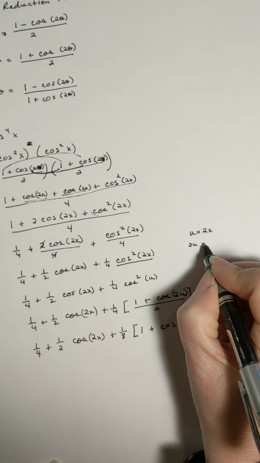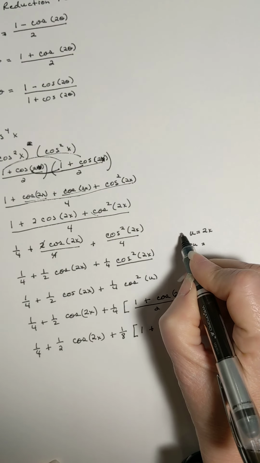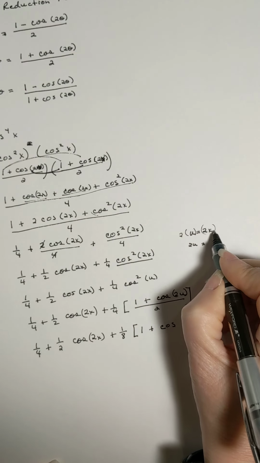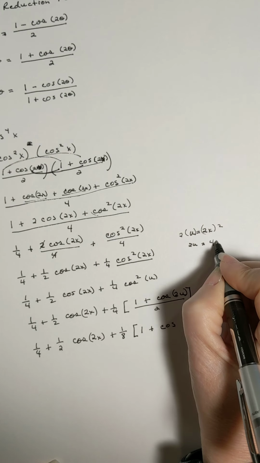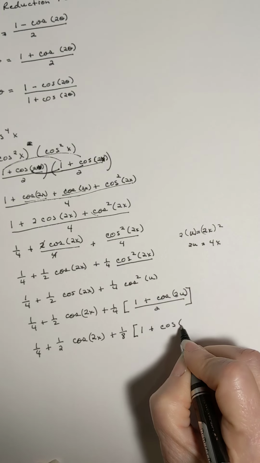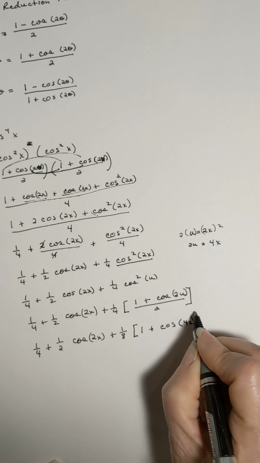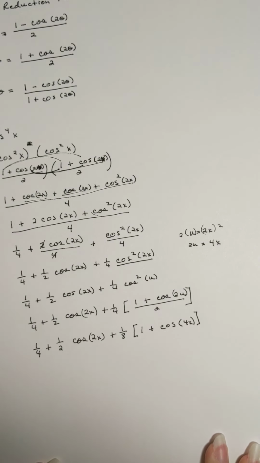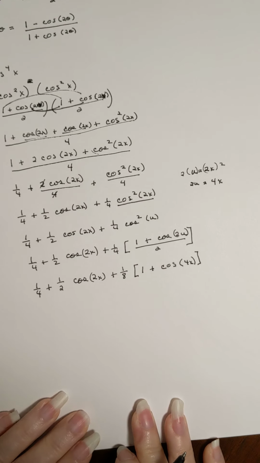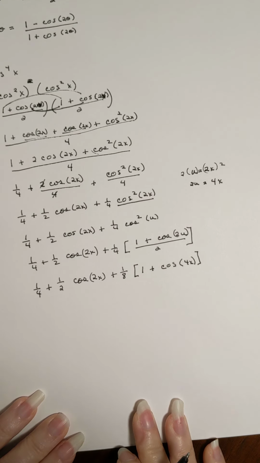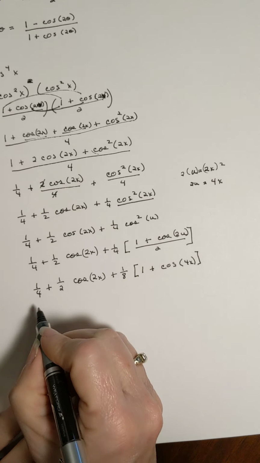So 2u would be equal to, if I multiply both sides of the equation by 2, 4x. So this would be 4x. Now, if you do not like to use a substitution, you don't have to. I just like to do it because I think it simplifies things when you're working with complicated formulas.